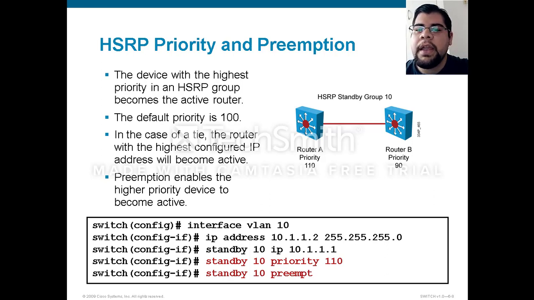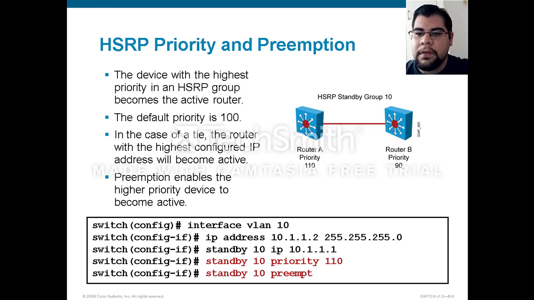The device with the highest priority in the HSRP group becomes the active router, the one that sends packets. The default priority is 100. In the case of a tie, the router with the highest configured IP address will become active. Preemption enables the higher priority device to become active.